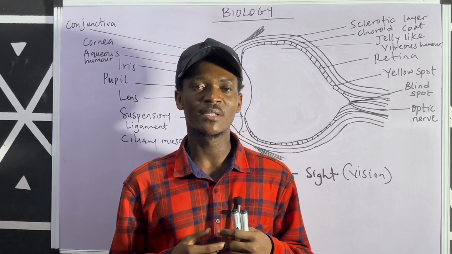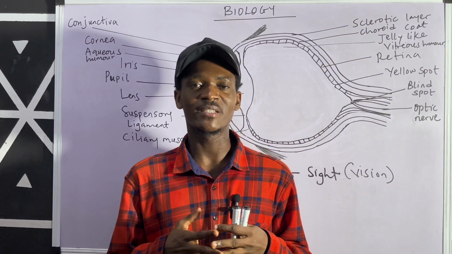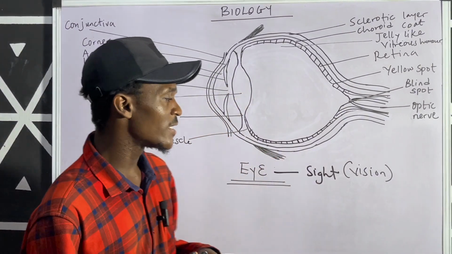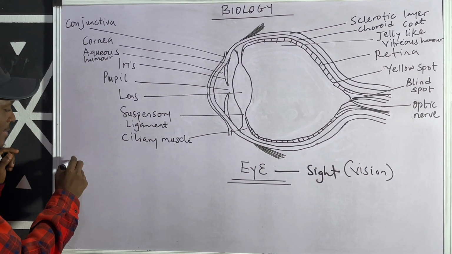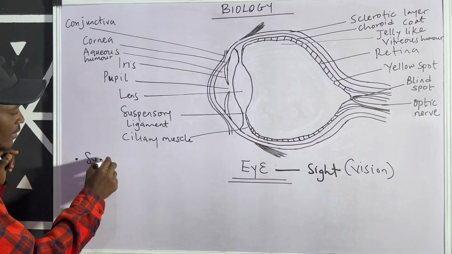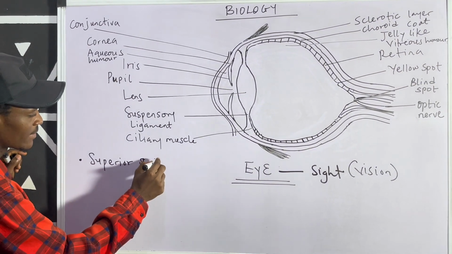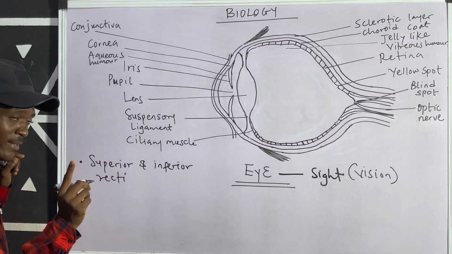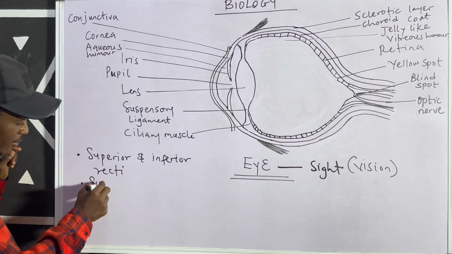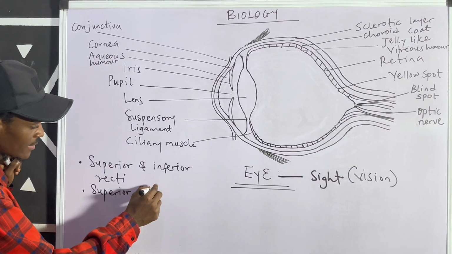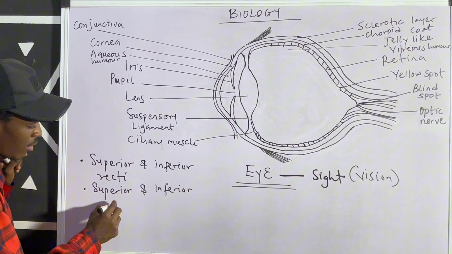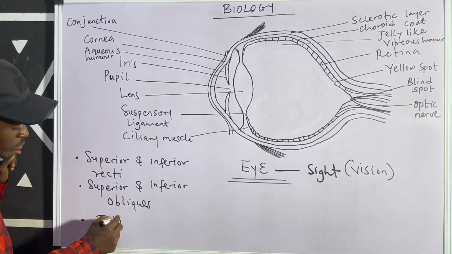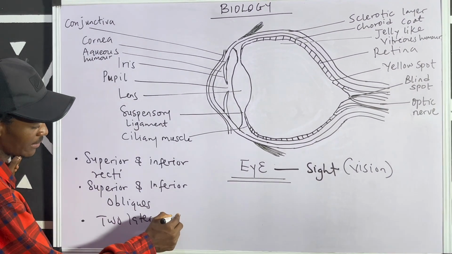They call them eyeballs, and the eyeballs are held in the eye socket by 6 muscles, and these muscles are grouped as the superior and inferior recti as one, and secondly we have the superior and inferior obliques, and then we now have two lateral recti.